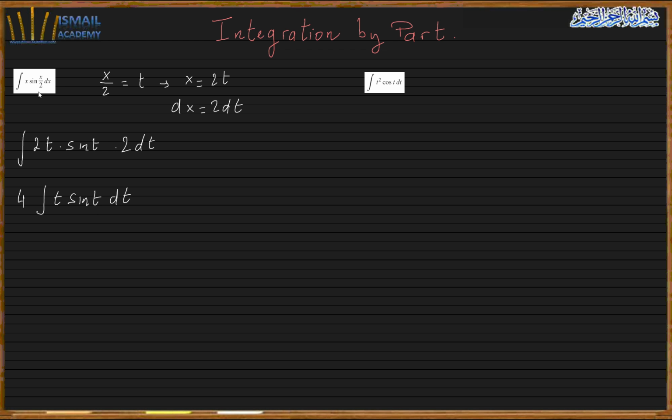Here, this is the rotating function, so this is going to be my dv, and this will be my u. So u will be t because it's a polynomial, and dv will be sine of t dt. So du will be dt, and v is minus cosine of t, and you see it's very, very easy to integrate.